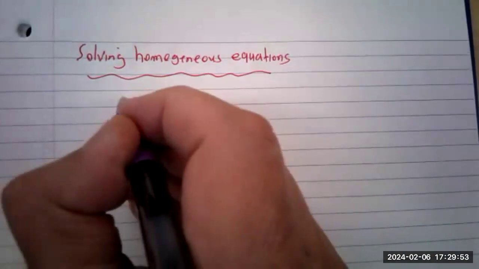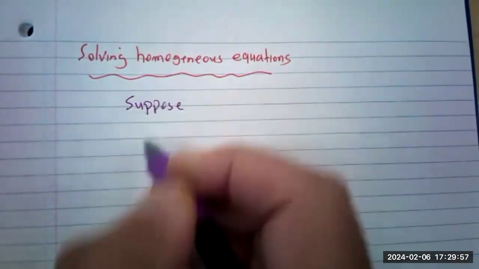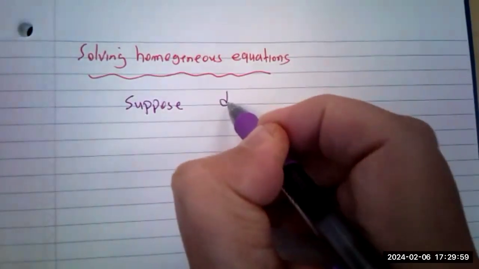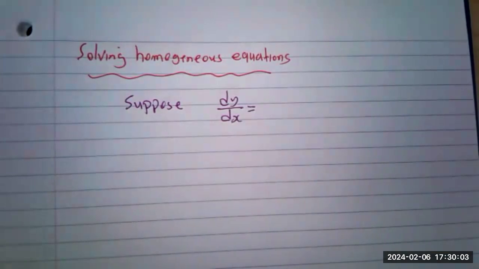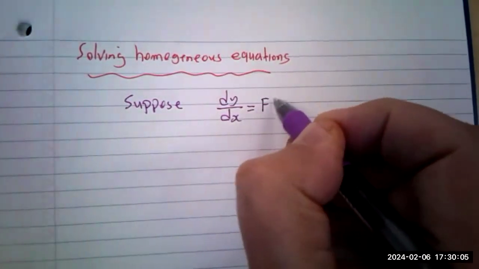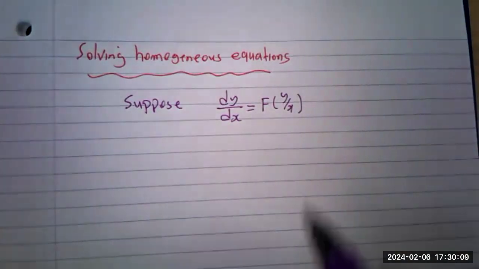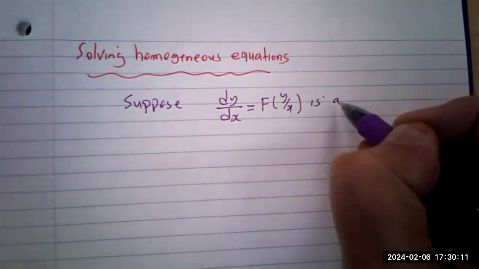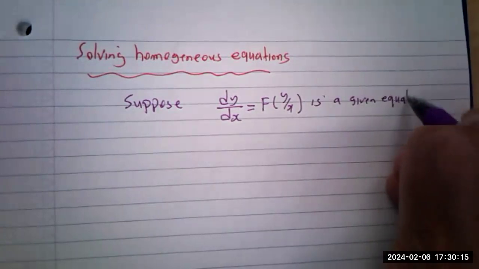Suppose you want to solve this one. Suppose this equation is given to you. Suppose that dy over dx, you have done the algebra part, is equal to f of y over x. And you want to solve it. Okay, it is a given equation to solve.